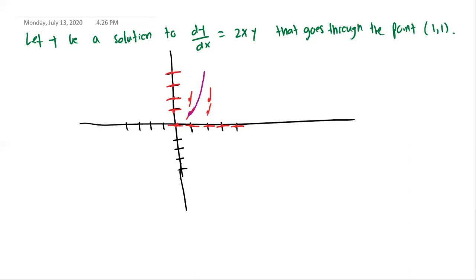I'm just trying to follow the slopes that I'm seeing. And then, for example, if we go here, the slope is starting to get closer and closer to 0. So this is a rough sketch of y equals f of x, this solution that passes through the point 1, 1.